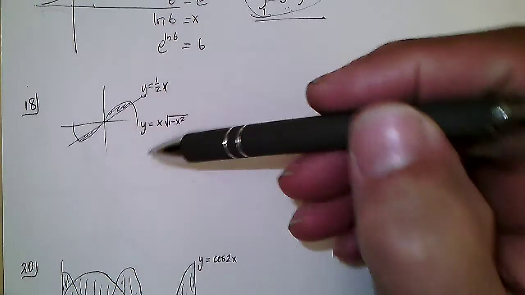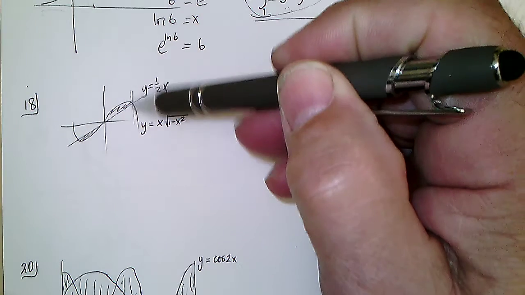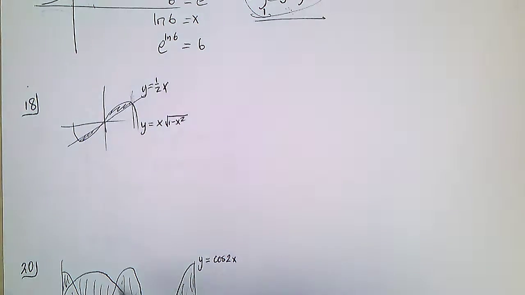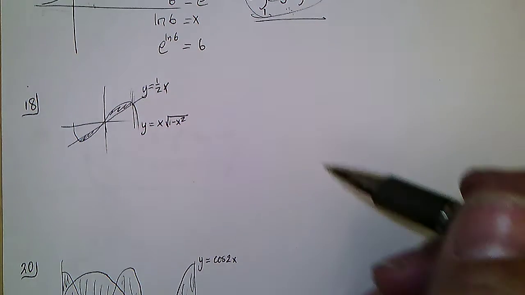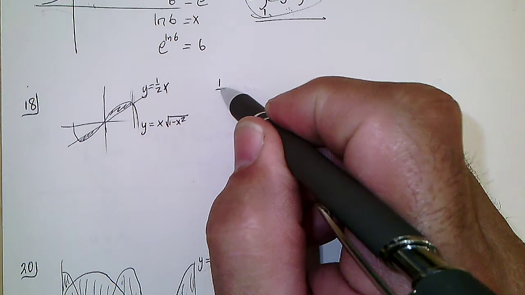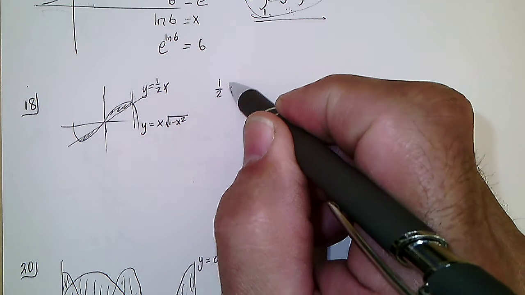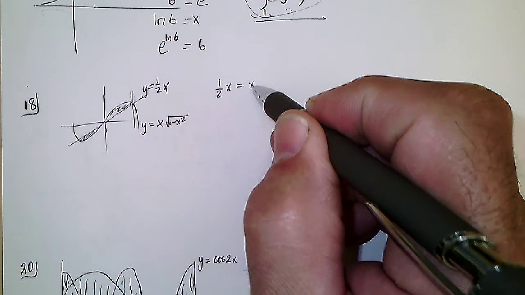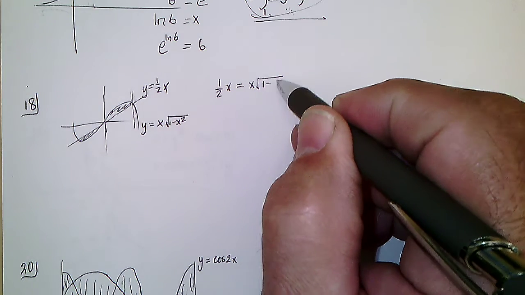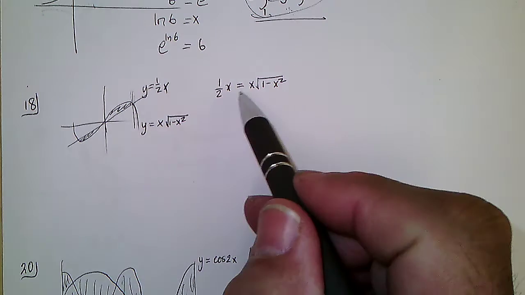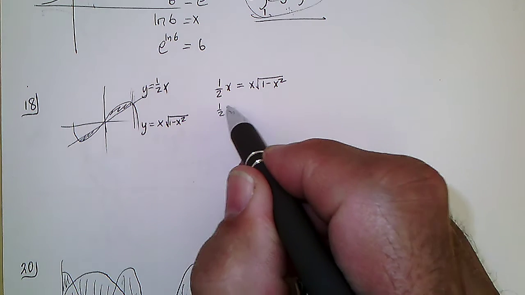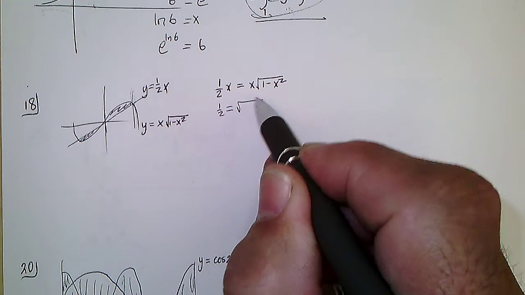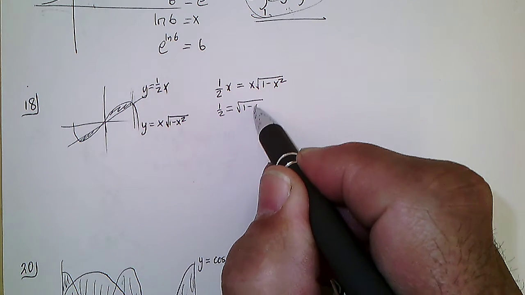18. Since these line up, where do they intersect? So we have 1/2 x equals x square root of 1 minus x squared. If I divide both sides by x, I get 1/2 equals square root of 1 minus x squared.